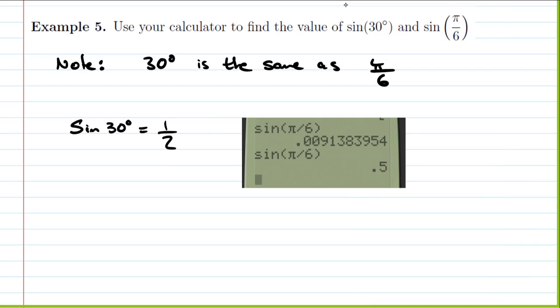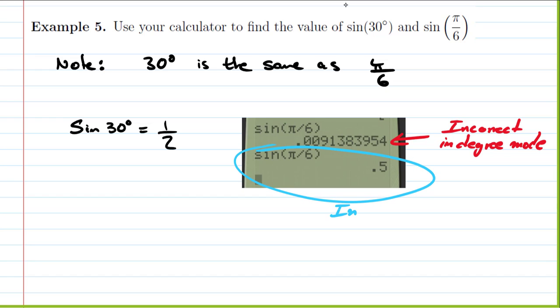So this one is incorrect, it's in degree mode. This one is our correct answer. The sine of pi over 6 is 0.5, which is the same as 1/2. And since 30 degrees is the same as pi over 6, they should indeed have the same value at those points.